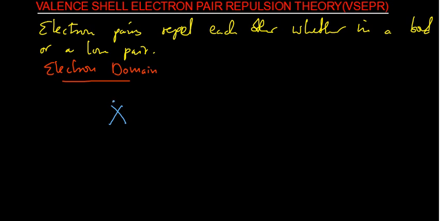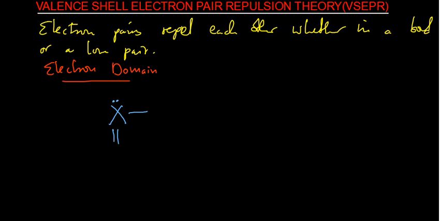For example, you can have a lone pair, a single bond, and a double bond on this atom. This one has 2 electrons, this also has 2 electrons, making 4 electrons, and a double bond has 4 electrons, making 8 electrons. So we can form a molecule like that.